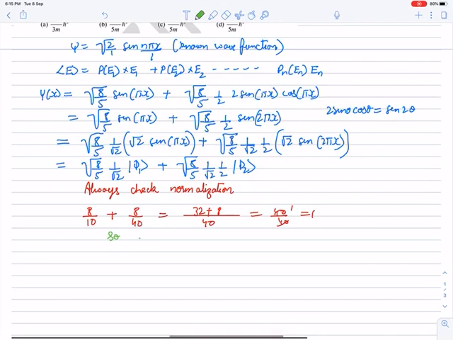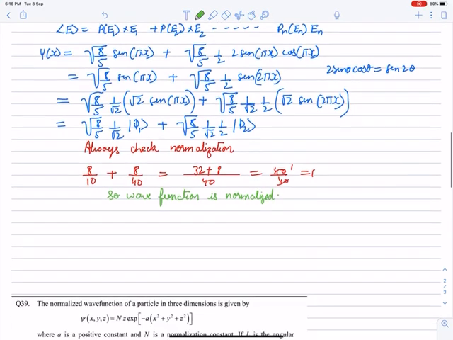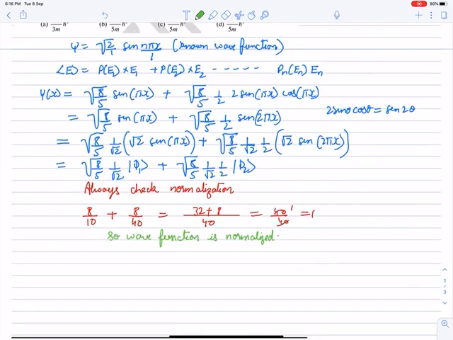So the wave function is normalized. Now we have to calculate the expectation value.